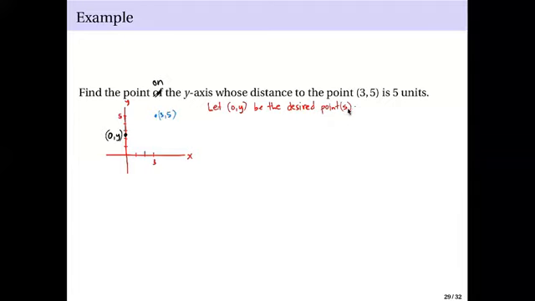Then we want d equals the square root of (3 minus 0) squared, plus (5 minus y) squared. So that's the distance between this point and this point here, or the other point somewhere here. But we want the distance to be equal to 5. This must be equal to 5.